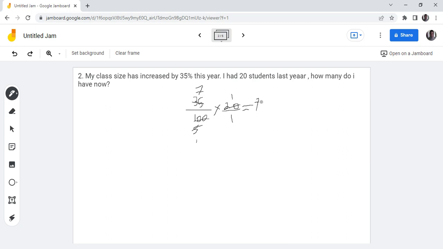So we have seen that 35% of 20 is equal to 7. So what we're going to go ahead and do is add 20 plus 7, and we would have obtained an answer of 27.